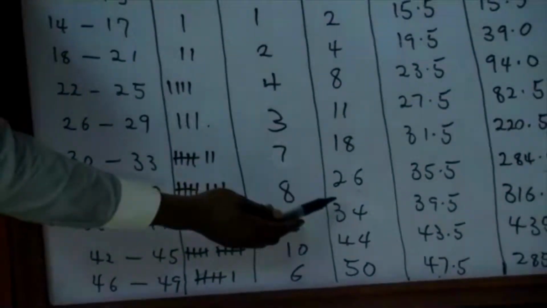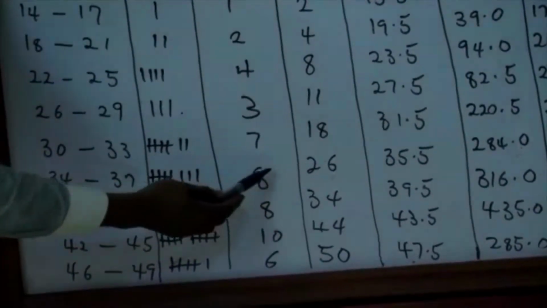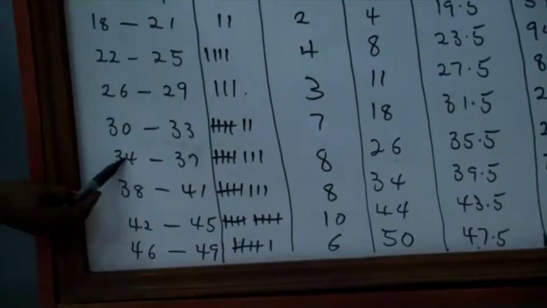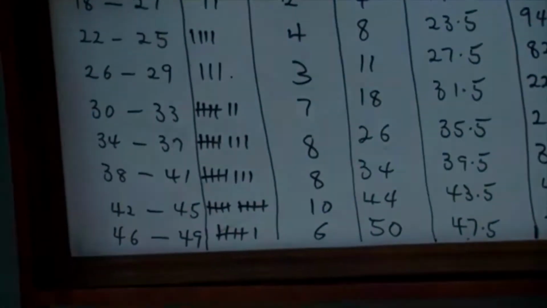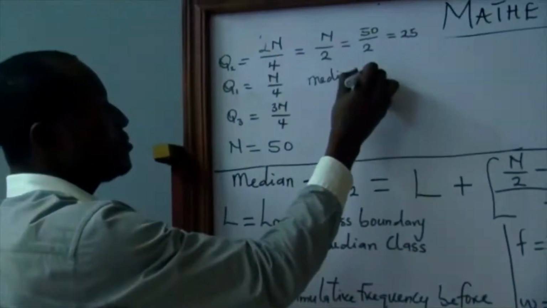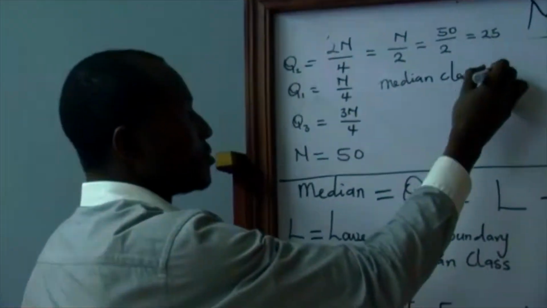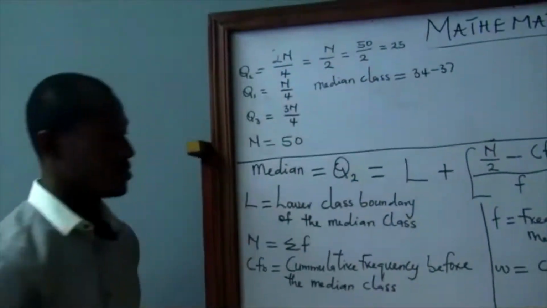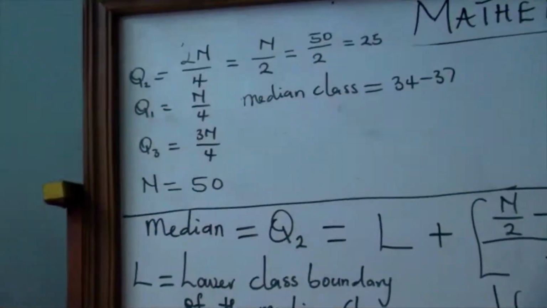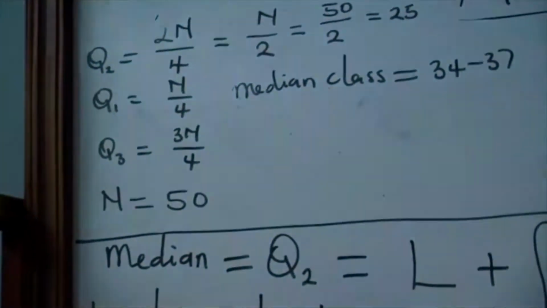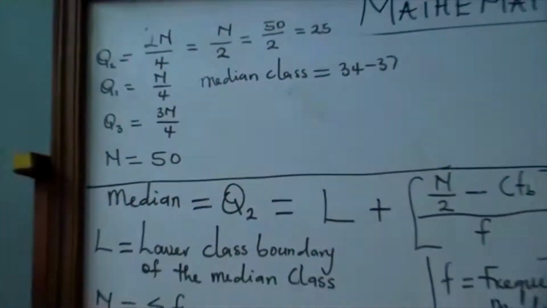Tracing it down back to the class interval, it falls in 34 to 37. So the median class is this. The moment we obtain the median class, it is very easy to get other answers.